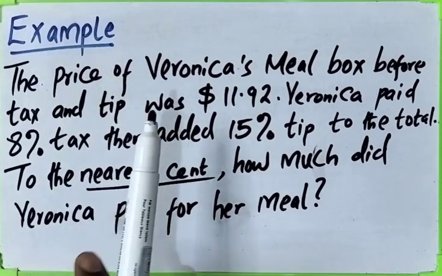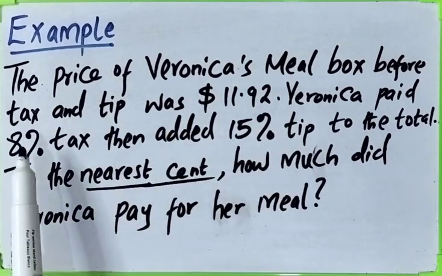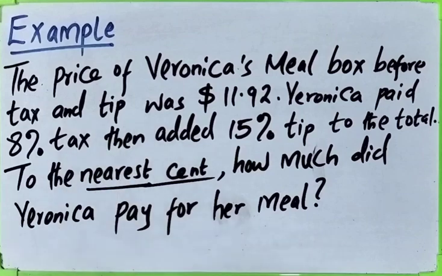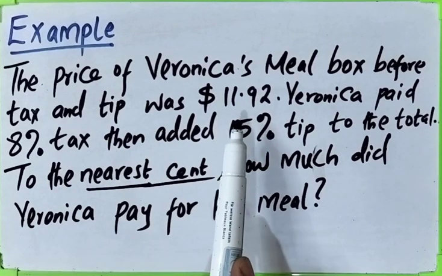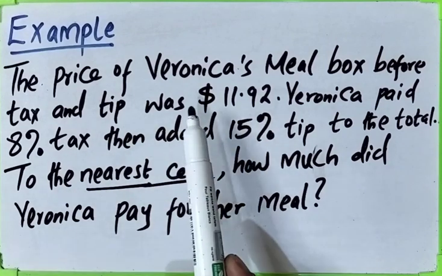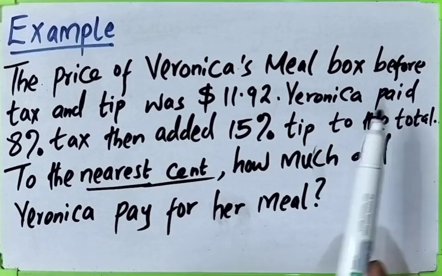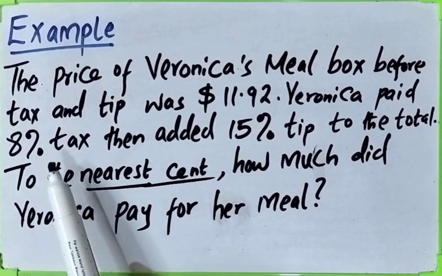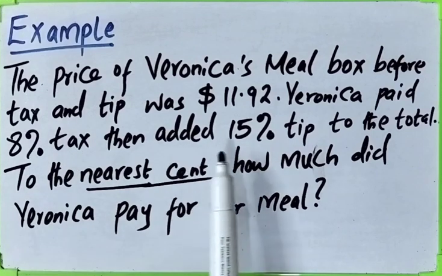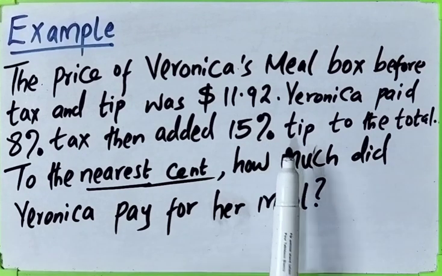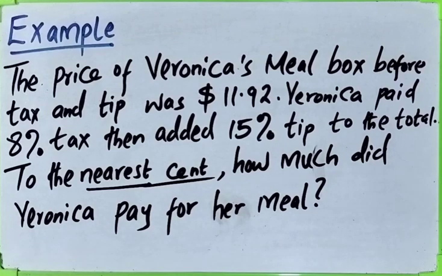The price of Veronica's mailbox before tax and tip was $11.92. This symbol represents dollars. Veronica paid 8% tax, then added 15% tip to the total. To the nearest cent, how much did Veronica pay for her meal?